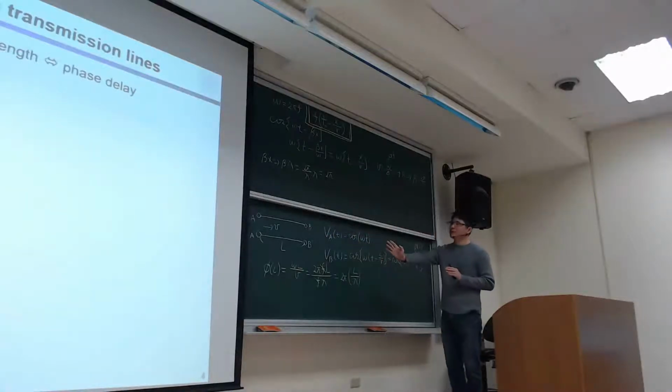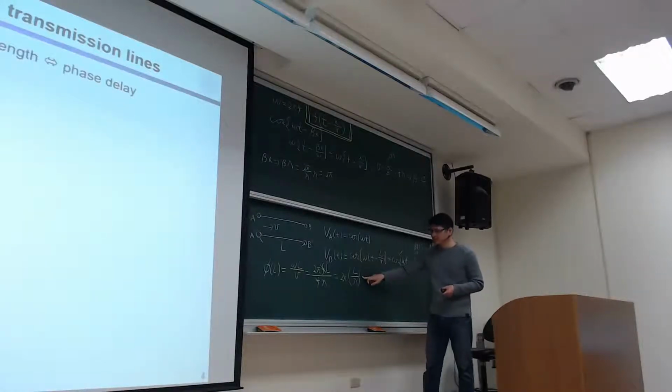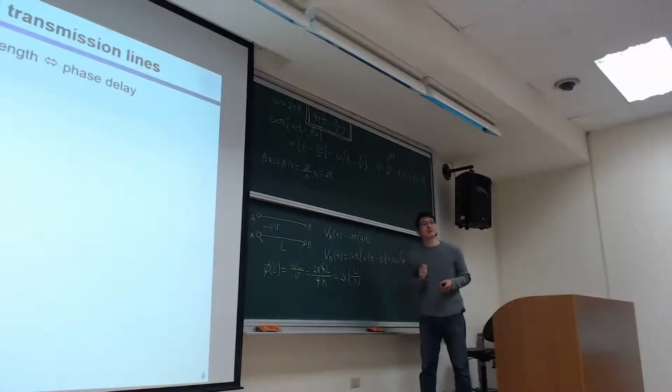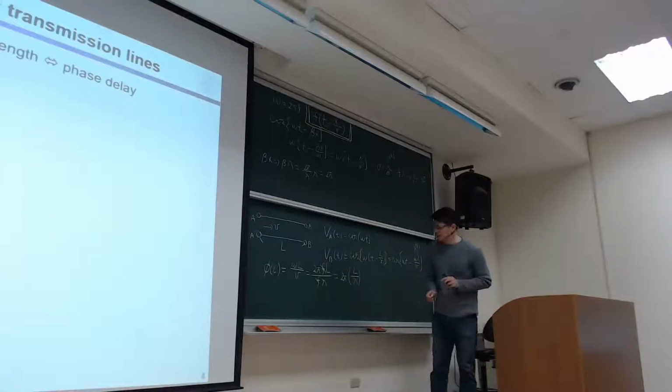So the wave will be delivered to the user after a certain time delay, or equivalently, a phase difference. And that phase difference can be described by the ratio of the length of the transmission line to the wavelength, then multiplied by 2 pi. Okay? So now I can try to divide into two situations.